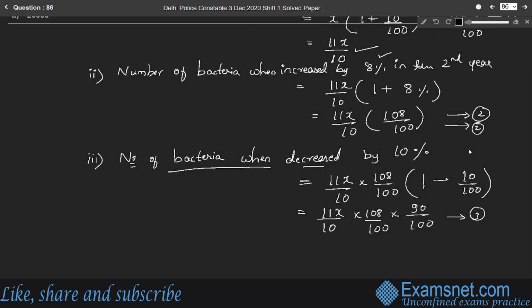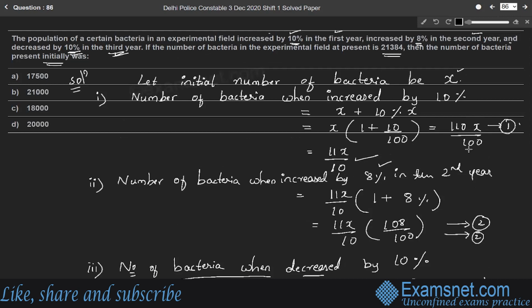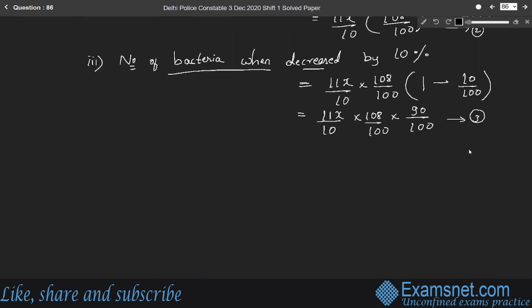Therefore, come back to the question part. So, if the number of bacteria in the experimental field at present is 21,384. So, this number of bacteria when decreased by 10%, the final value will be the number of bacteria at present, right?